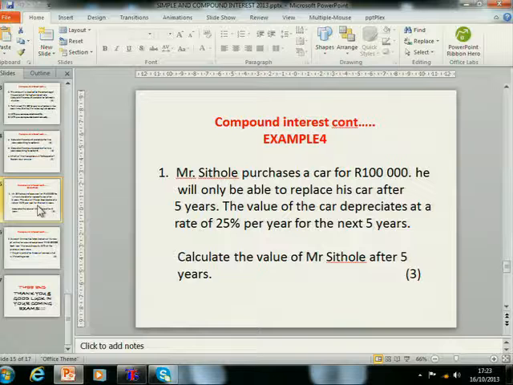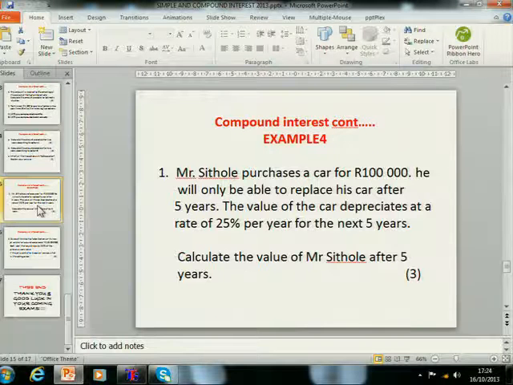The value of the car depreciates at a rate of 25% per year for the next 5 years. Calculate the value of Mr. Sitole's car after 5 years. So now here, it's a bit different from what we've been doing. If a value depreciates, what happens to the formula?